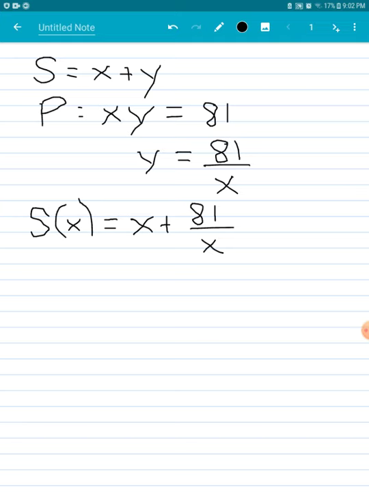So to get the x value that will minimize the function S of x, we differentiate S with respect to x and equate that to 0. Differentiating, S prime is equal to the derivative of x, and we know that is 1.